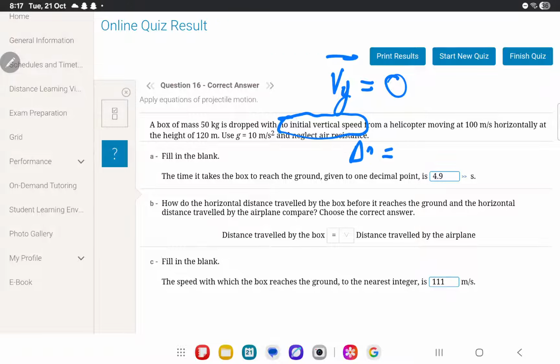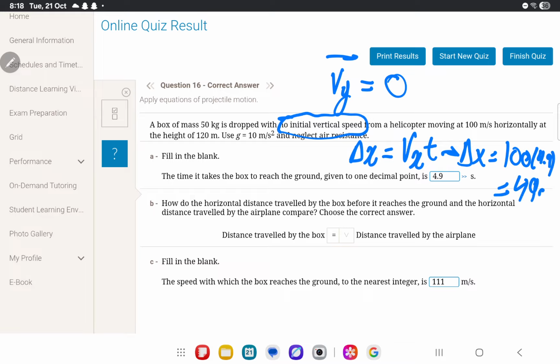Delta X is equal to Vx times time. Vx is constant, since it stays at 100 meters per second. Again, there is no horizontal acceleration, and it's going to stay the same. So delta X is equal to 100 times 4.9, which is literally the same exact thing, 490 meters. Done. So you can see it is equal.